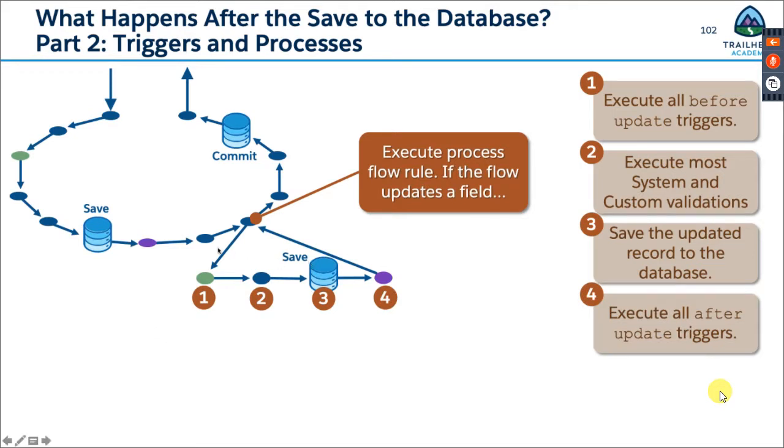In the workflow, we had a little triangle, kind of like this, but those validations only run the system validations. In the process, this triangle runs the system and the custom validation rules. All right.